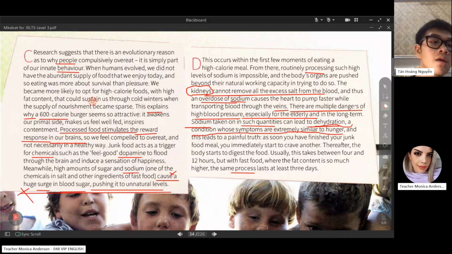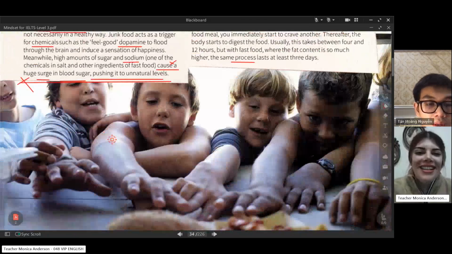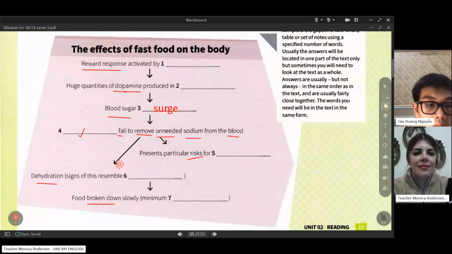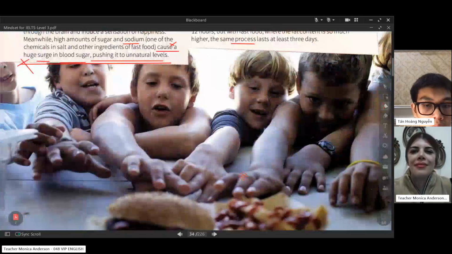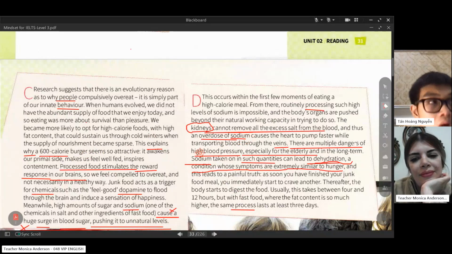Well, can you find it? Can I see again the sentence? Of course. Well, yes, okay.